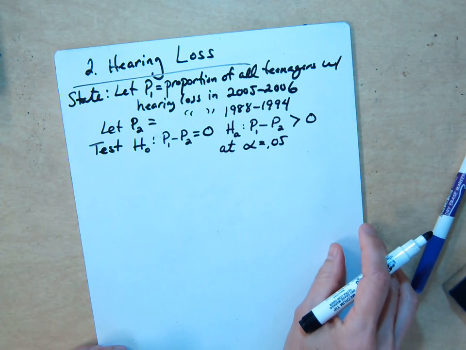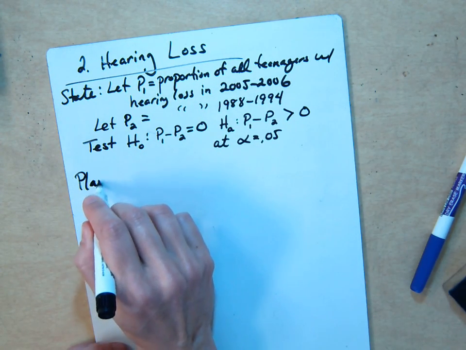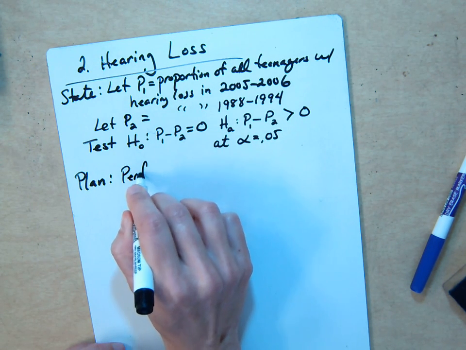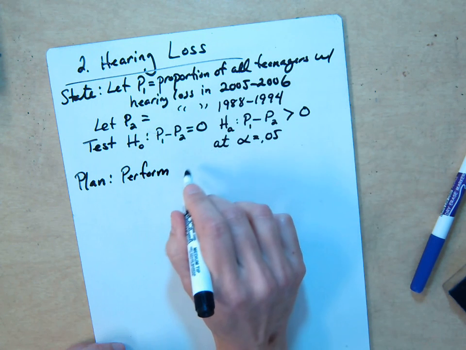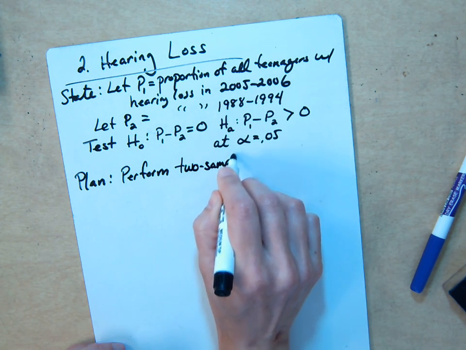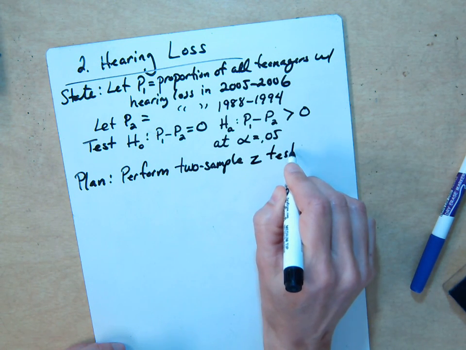So the plan is to perform, so you have to state the type of test, a two sample Z test, because it's proportions.